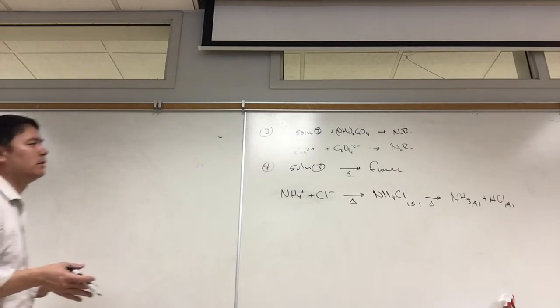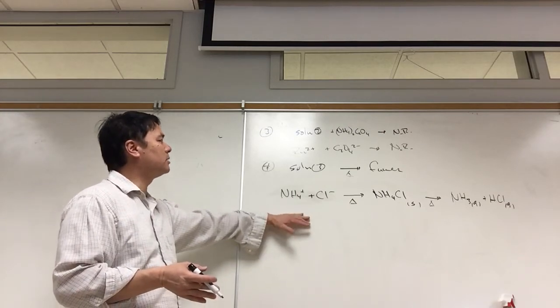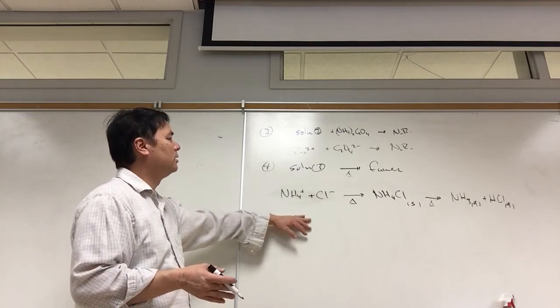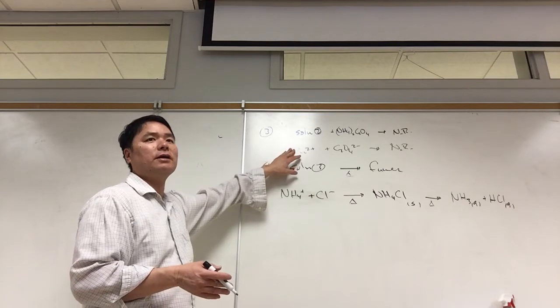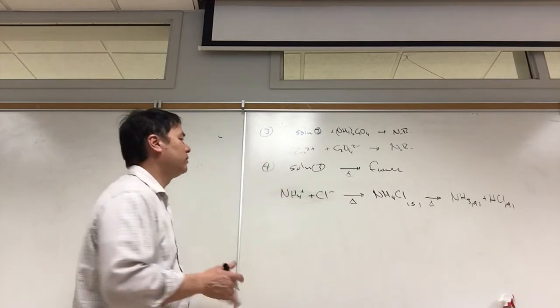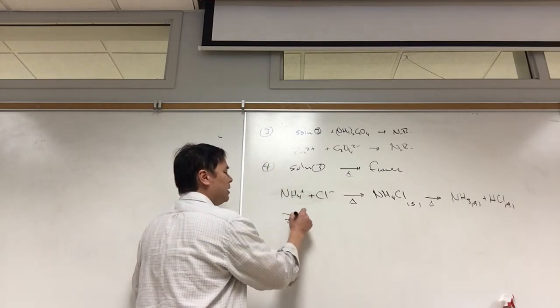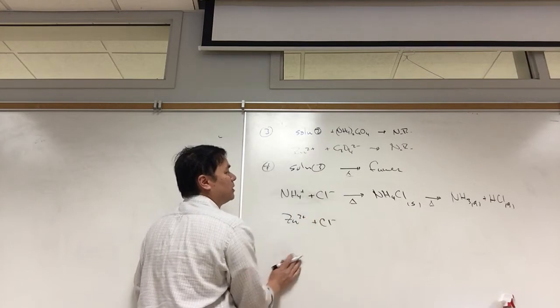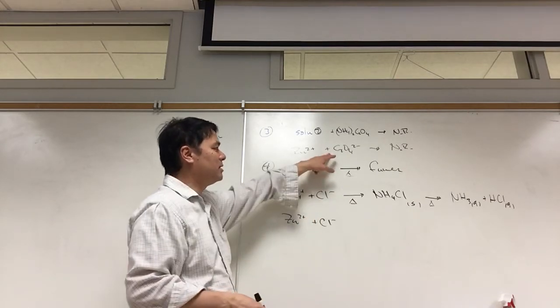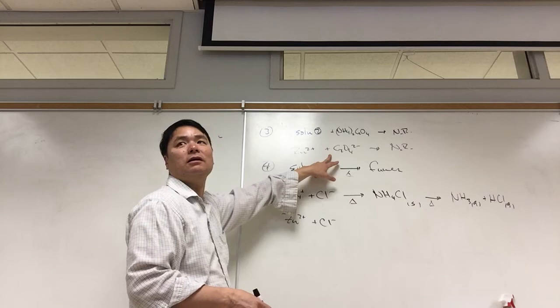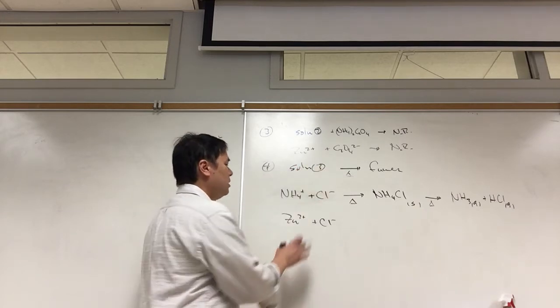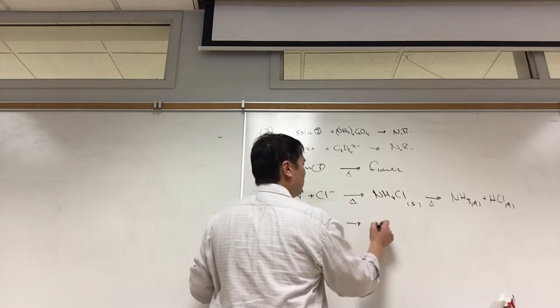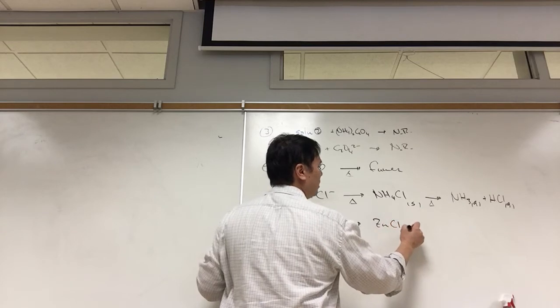because there should be other ions present here, such as zinc 2+, right? Which is still floating around. And so the zinc 2+, hopefully there's enough chloride present. The oxalate's probably going to decompose to CO2, depending on how hot we heat it. And so we got zinc chloride solid.